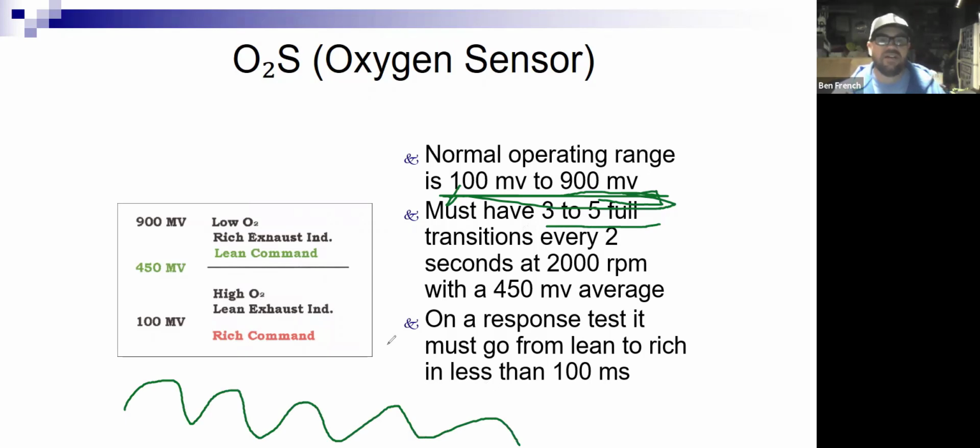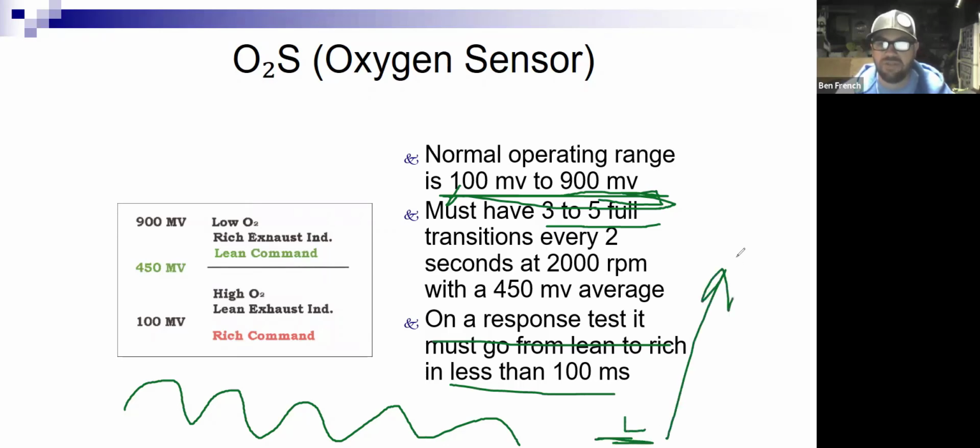Now if you had an oscilloscope on it and you're really doing a response test, it should be able to go from lean to rich, or from 0.1 volts to 0.9 volts. Actually, we usually scoot that down, going between 0.2 and 0.8, but it should be able to do that within 100 milliseconds.